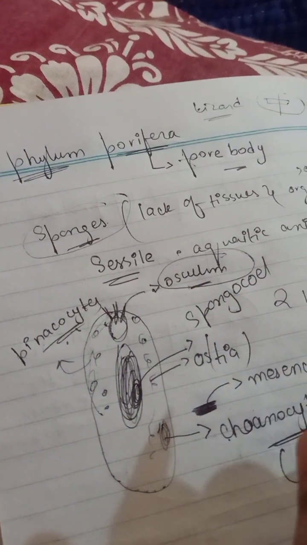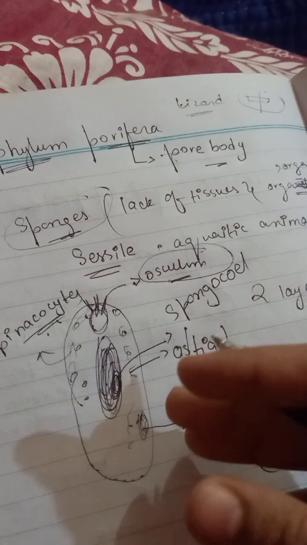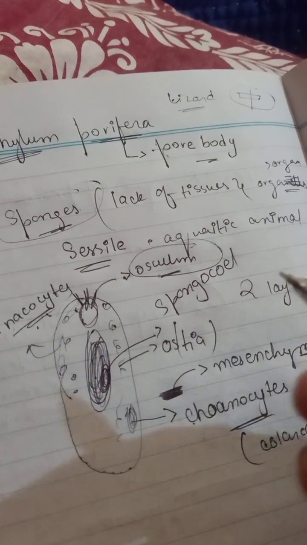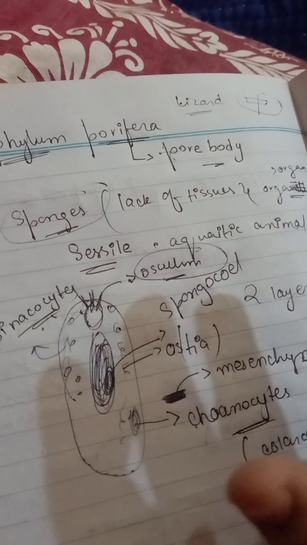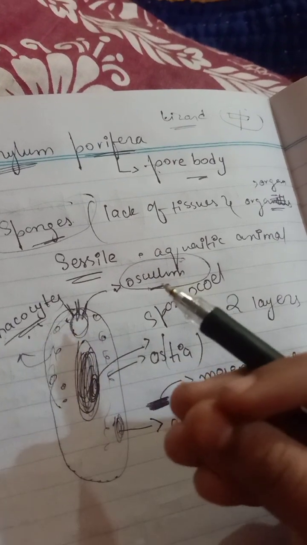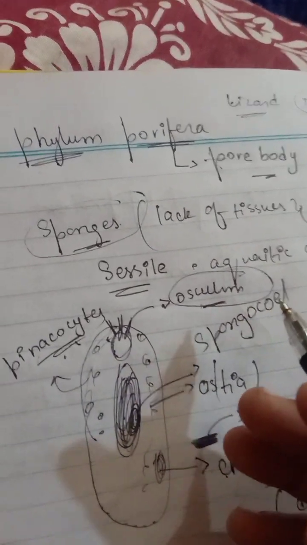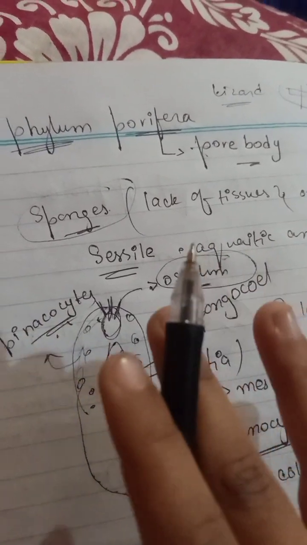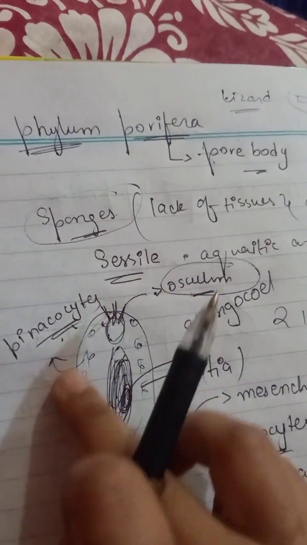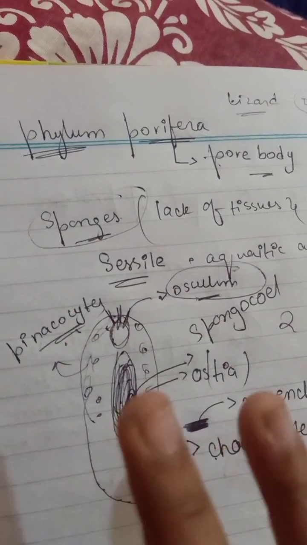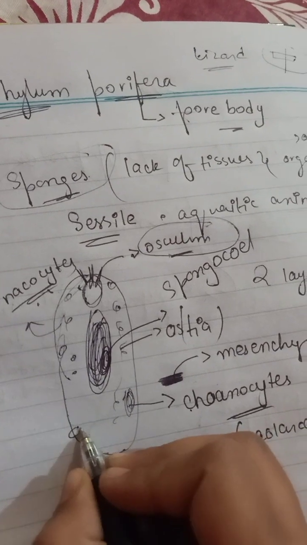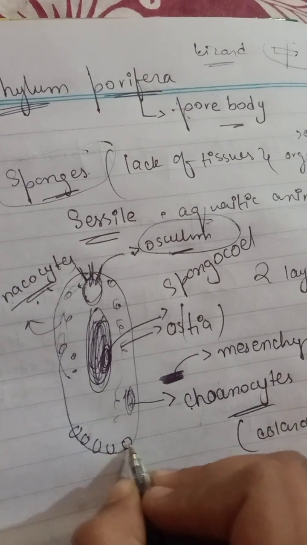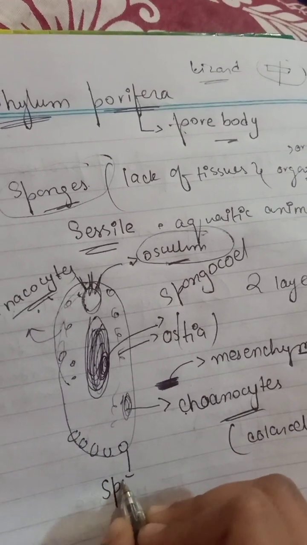Sponges depend on the food coming along with the water. If we talk about their skeleton, their shape system, it is composed of needle-like structures called spicules.